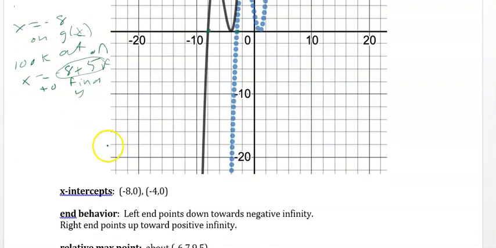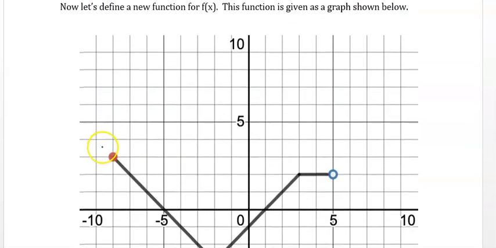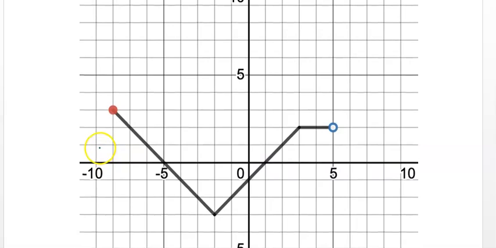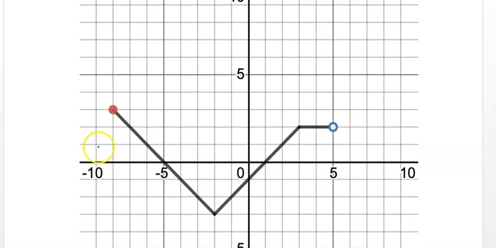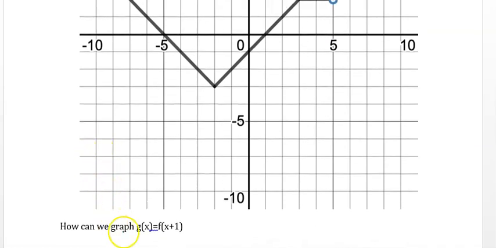Let's take a look at another example. What if we have this picture that we've been seeing for f of x? How do we move that around based upon information we're given? So the question here is we want to graph f of x plus 1. And notice this is inside the parentheses. So that means it is a horizontal change, not a vertical change.